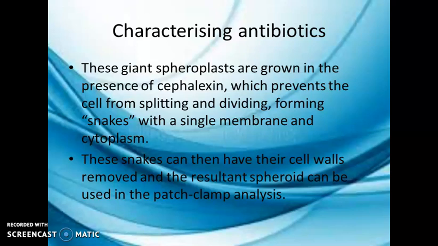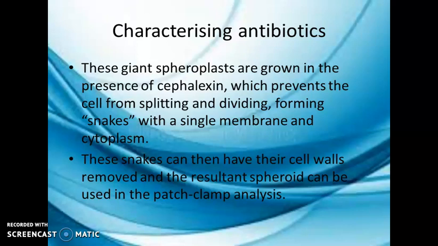This may result in forming snakes with a single membrane and cytoplasm. These snakes can then have their cell walls removed and the resultant sphaeroplast can be used in patch clamp analysis.